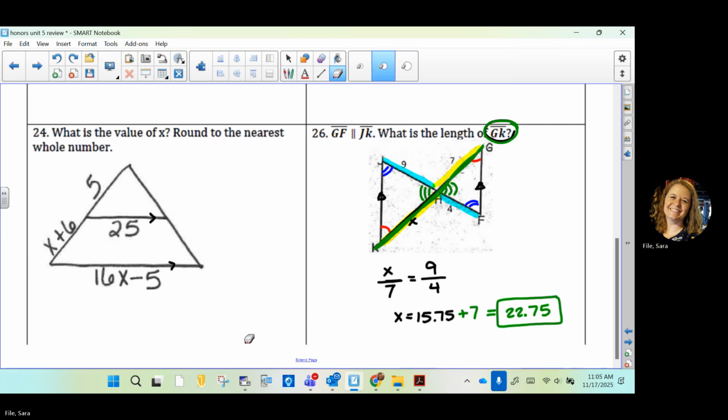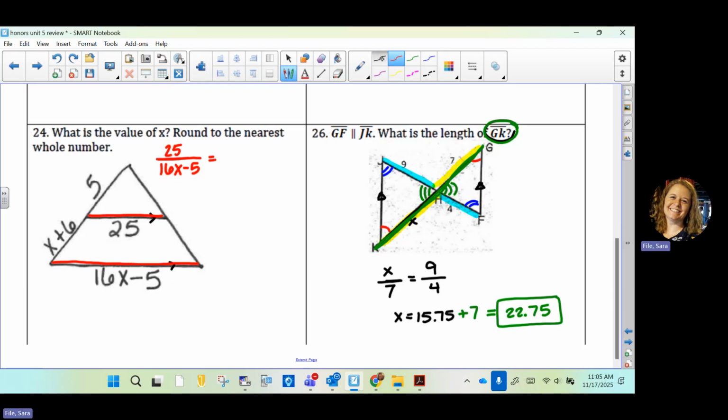Okay. All right. So this one is a little more, not necessarily confusing, but you have to think about it when you're setting up your proportion. If you do 25 is to 16x minus 5, you're doing the small triangle's base to the big triangle's base, right?